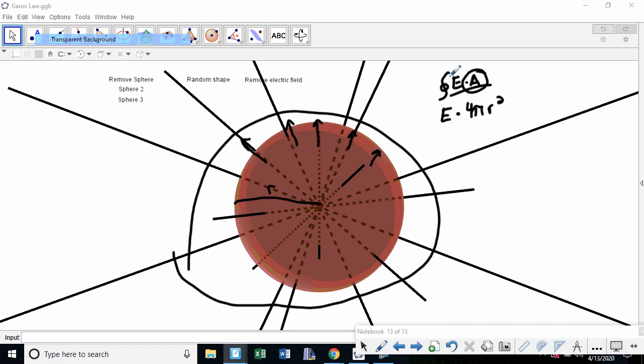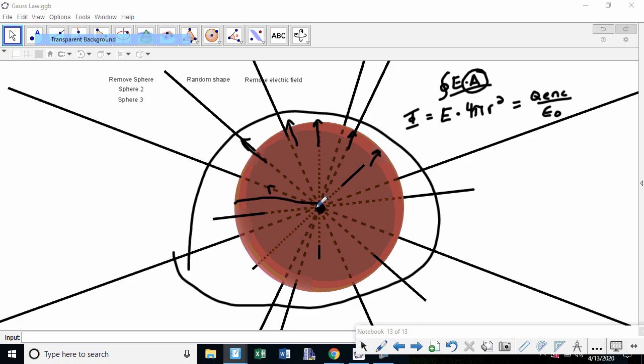So that surface integral actually becomes really, really simple. It's just the electric field times the area of a sphere. And I said that this electric flux is equal to the charge enclosed divided by epsilon naught. Well, when I drew my Gaussian sphere, how much charge did I enclose?